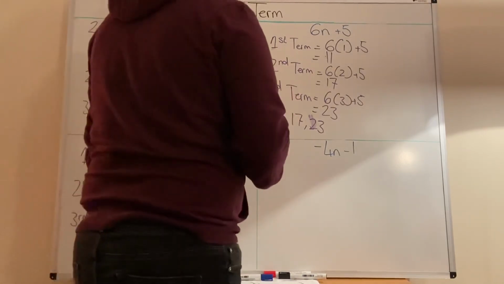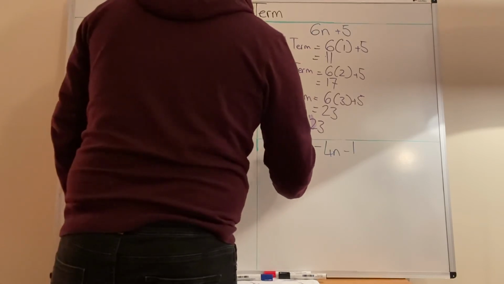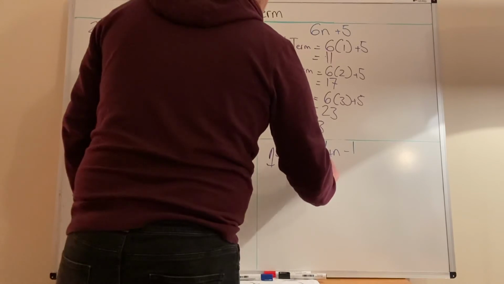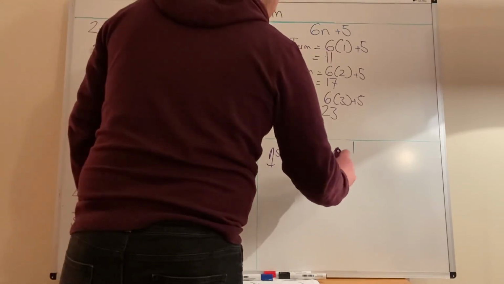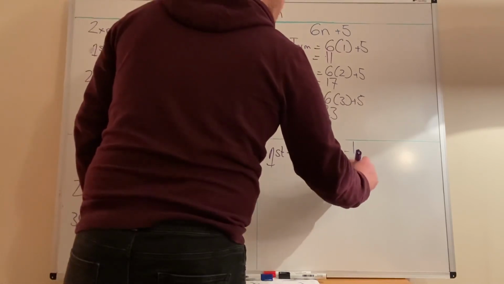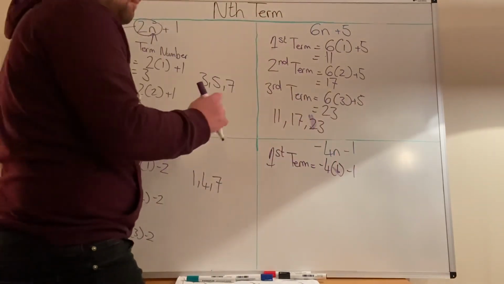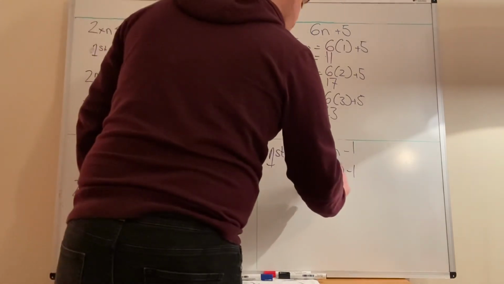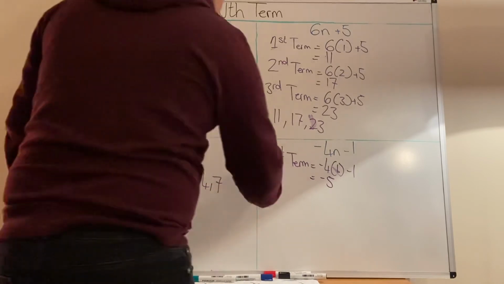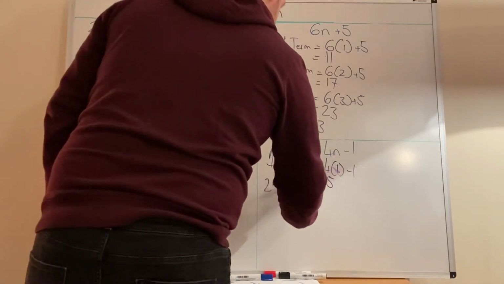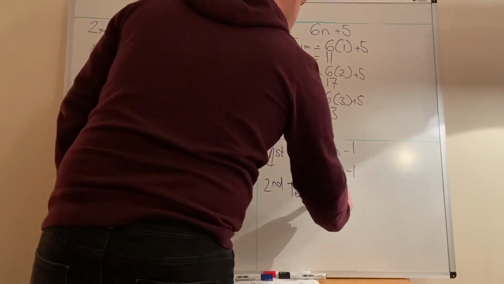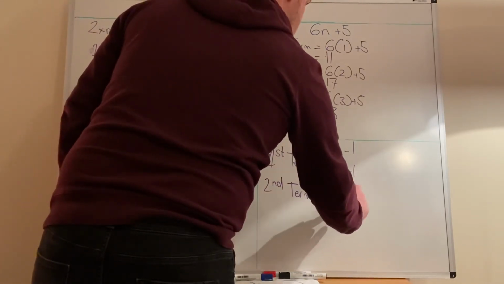This one's a bit of a trick question now, but the method is exactly the same. First term is minus 4 times 1. What's minus 4 times 1? It's minus 4, minus 1, which is minus 5. Second term, we have minus 4 times 2, minus 1.